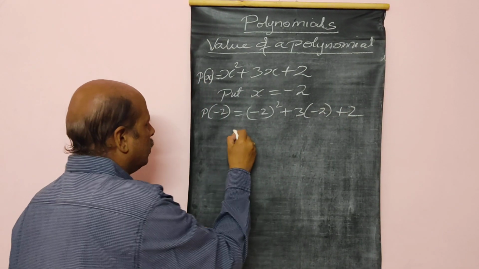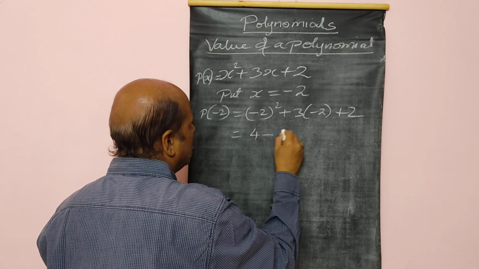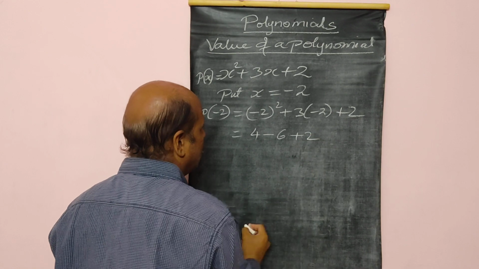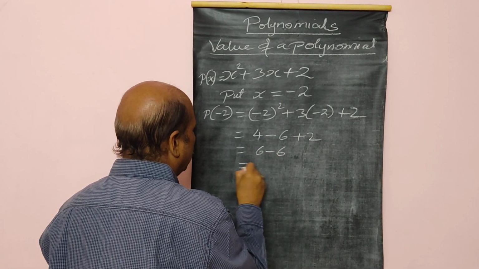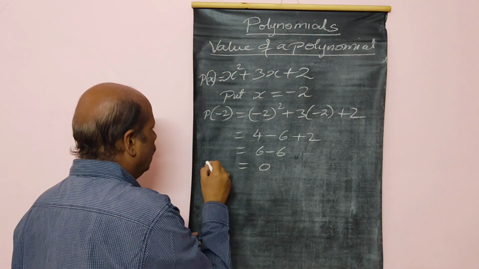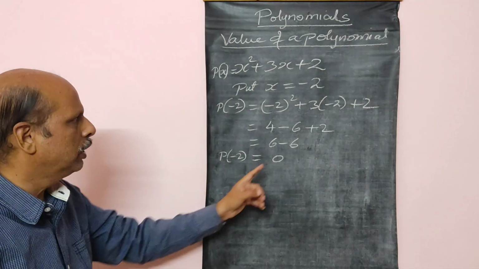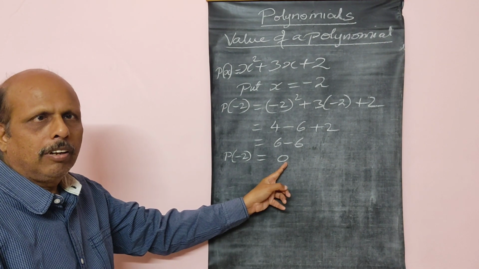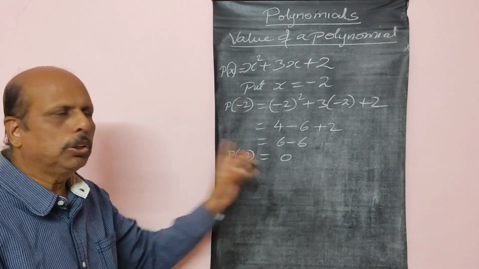Minus 2 square is 4, minus 6, plus 2. 4 plus 2 is 6, minus 6, you get 0. So the value of the polynomial at x is equal to minus 2 is 0.